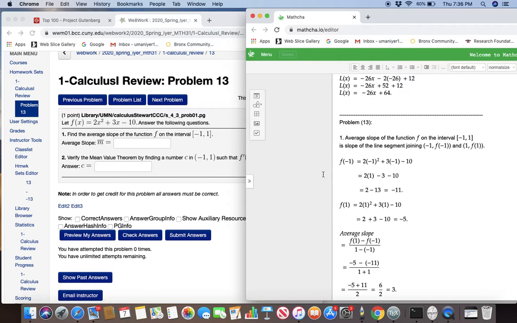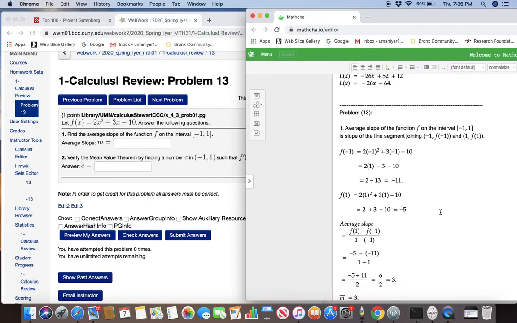F at 1. Plug in x equals 1: 2, 3, minus 10, gives -5. So that's my second y coordinate. I hope this is clear. That's my first x coordinate, use it in function f to find its y coordinate. That's my second x coordinate, use it in function f to find my second y coordinate.